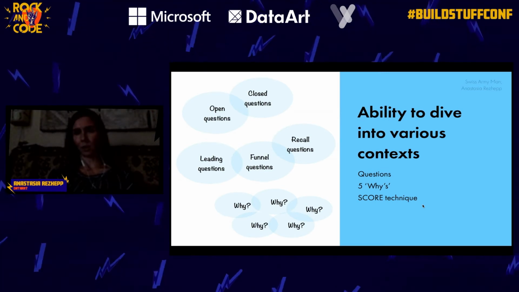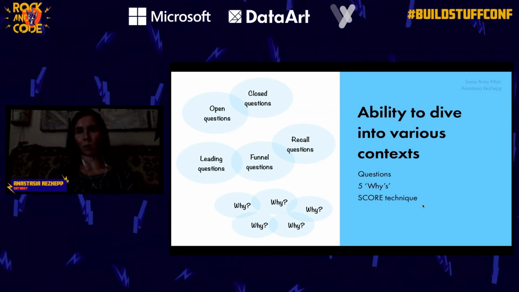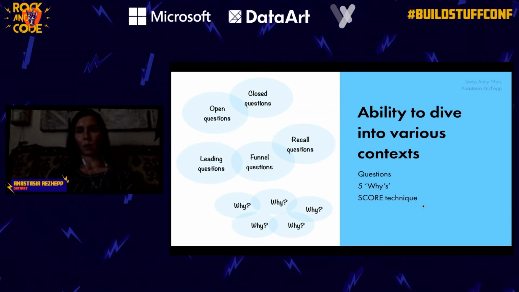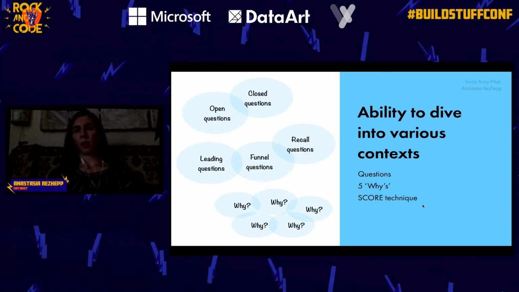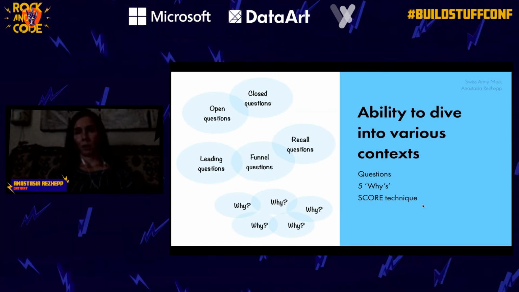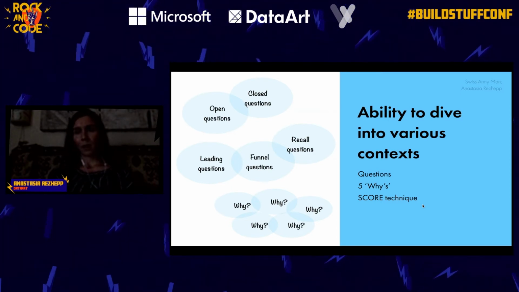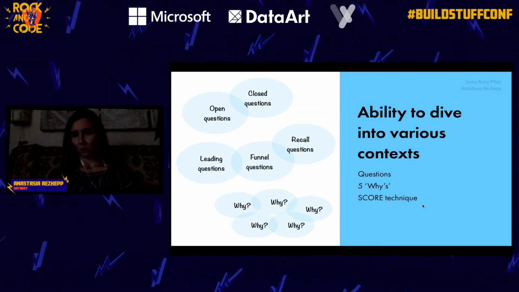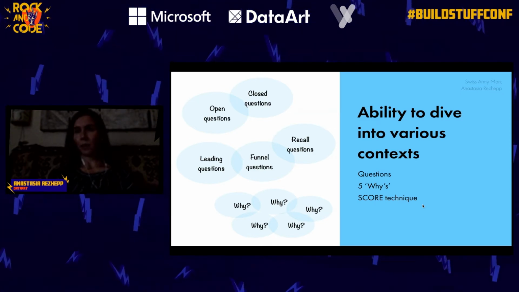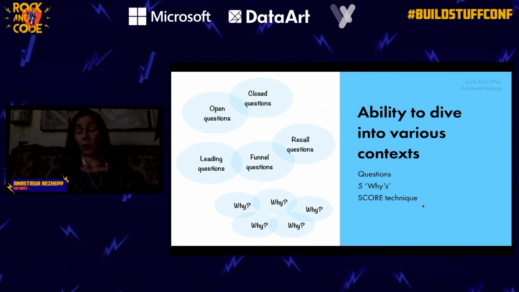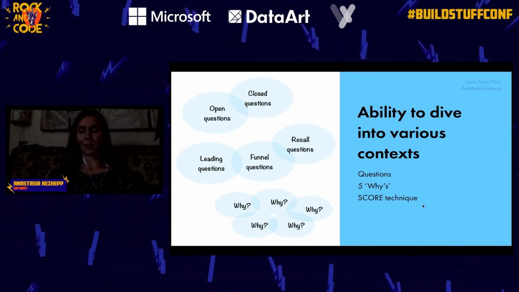For example, the client comes and tells you, we want to redesign our website. And you tell him, okay, here are 2 designers and 2 developers to help you with this. But if you start asking about the causes that led to this idea and the outcomes that this client wants to have, you might find out that he doesn't need this new website at all, but something completely different.